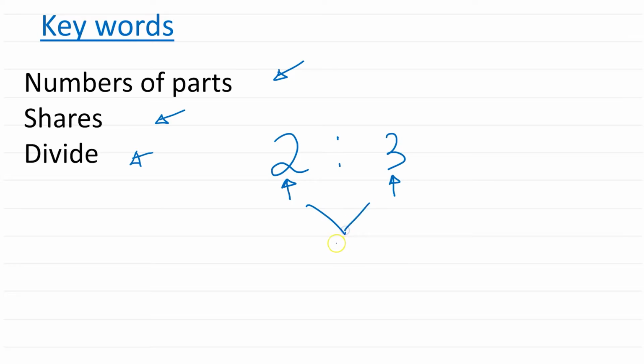So the total number of parts is equal to 2 plus 3, which is equal to 5. Now I could also say there are 5 shares. There are 2 shares here. There are 3 shares here. So the total number of shares is 5. Now this is very important for ratios. So you must understand the number of parts.